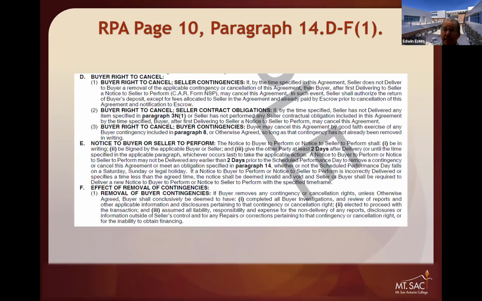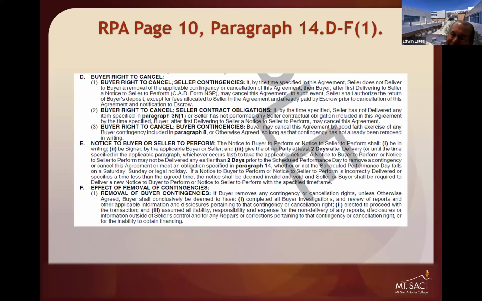And the seller says, what the heck's going on? Escrow, cancel. You have to give a demand to the buyer, and that's a 3-day notice. In other words, we want to give the buyer 3 more days to try to get their act together. So we have this demand to close escrow, not cancel escrow. But that's a 3-day notice.